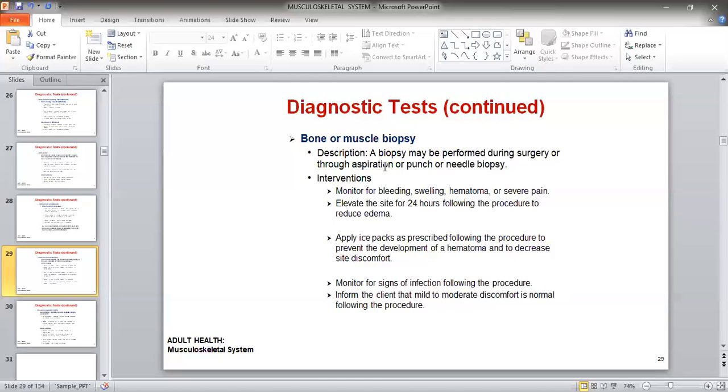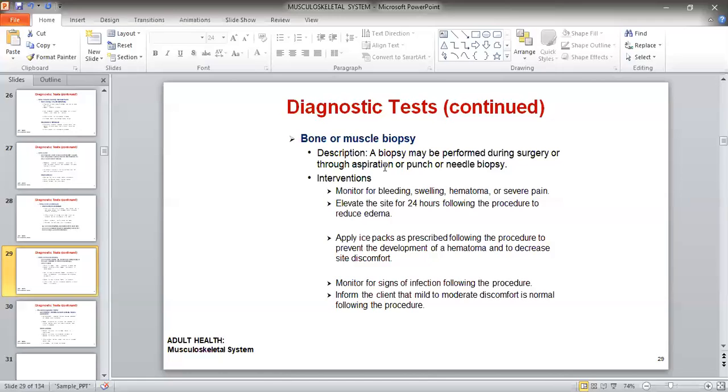You have to keep a note and inform the healthcare provider. After the procedure, we have to check for any kind of bleeding, excess swelling, hematoma formation, or severe pain.